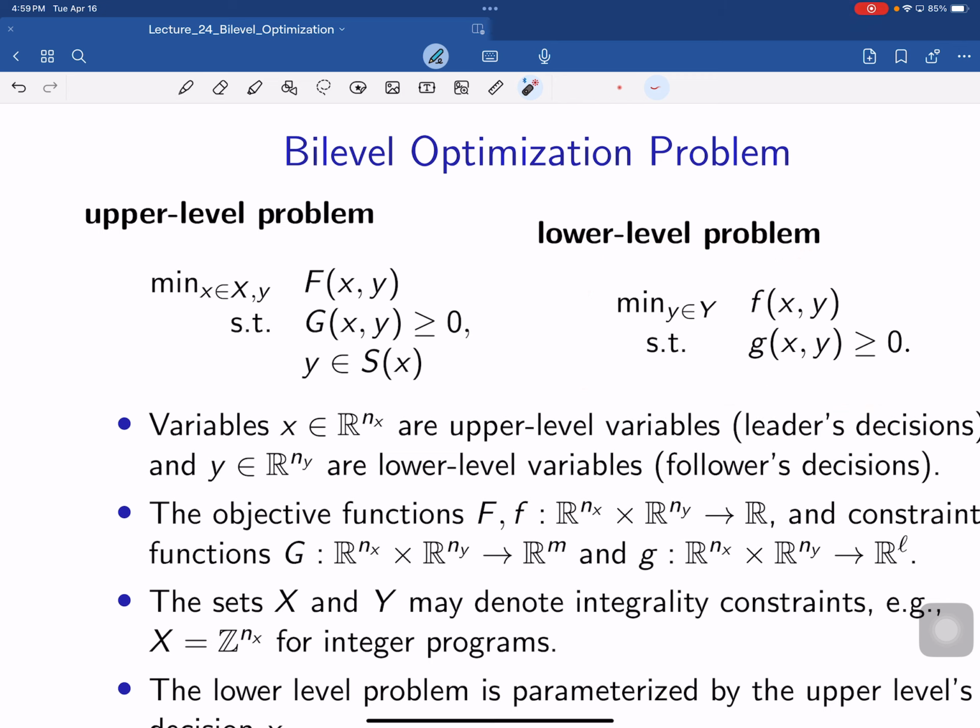So this set S of X is like the best response function. It will return the best response of the follower for any given X. For any given leader's decision X, this set S of X will contain all the optimal solutions of the lower level problem.